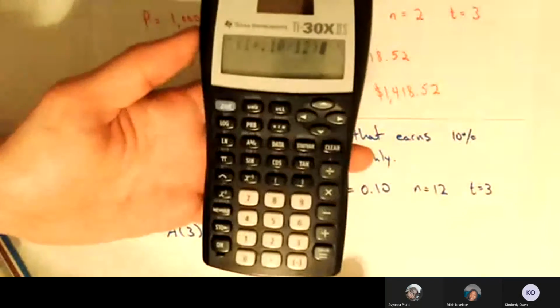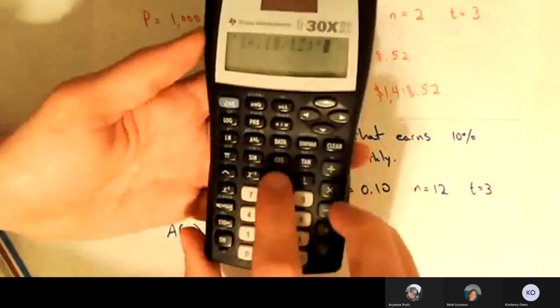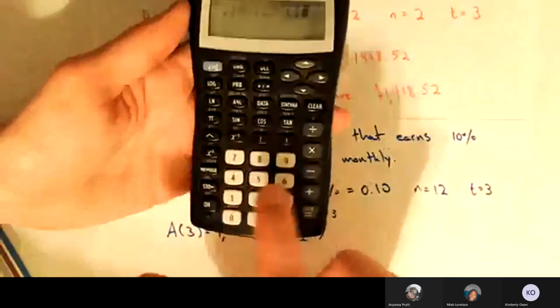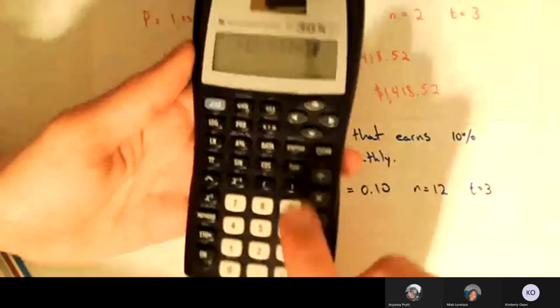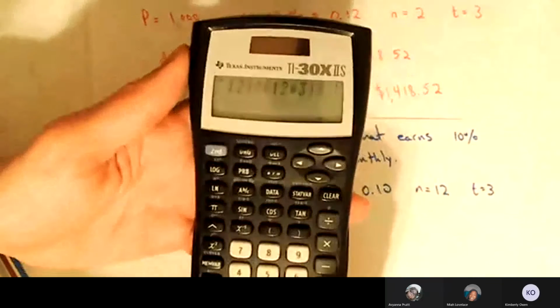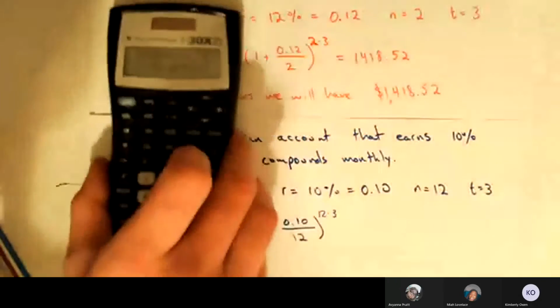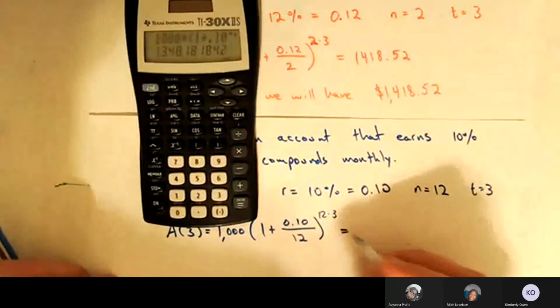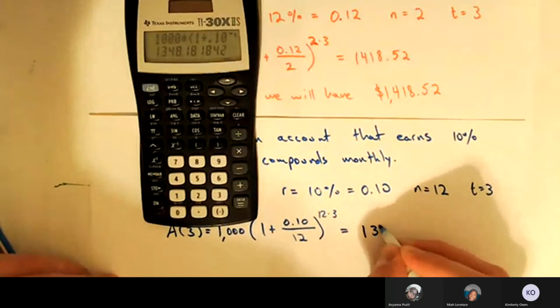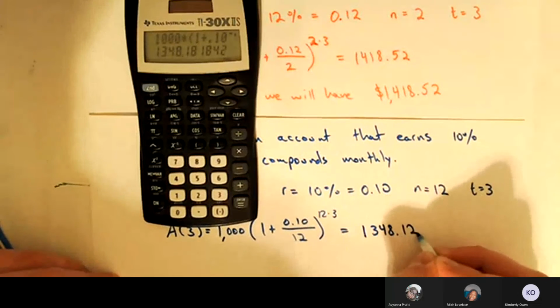That's the inside there. Raised to, and then open parentheses, 12 times 3, close parentheses, equals, let it think for a minute, and then we have 1348.12.